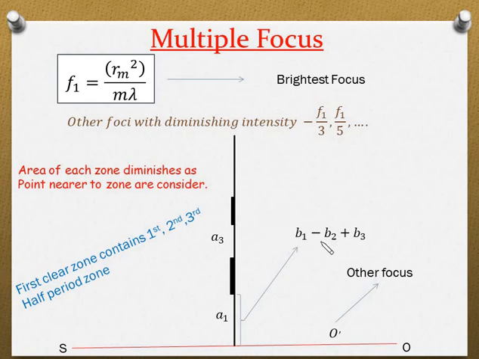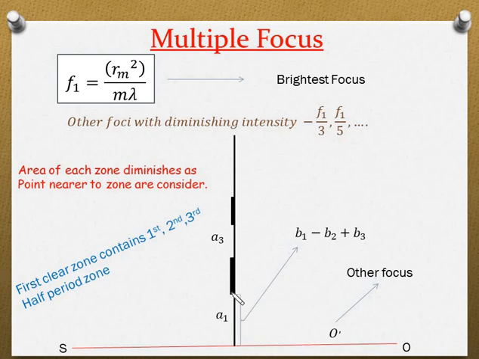Now B1 is in opposite phase to B2, so the overall intensity at point O prime will reduce. Similarly, you can consider all this open space, but the resultant disturbance at point O prime will reduce because each transparent zone now has more half period zones. If you move further, it will contain many more half period zones.